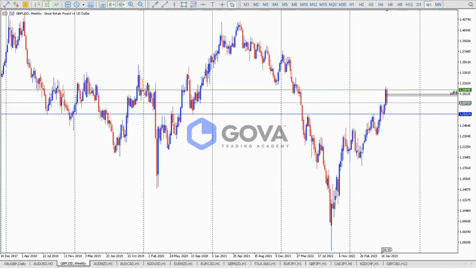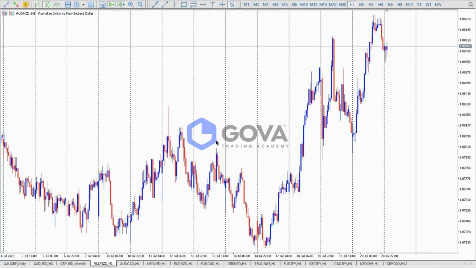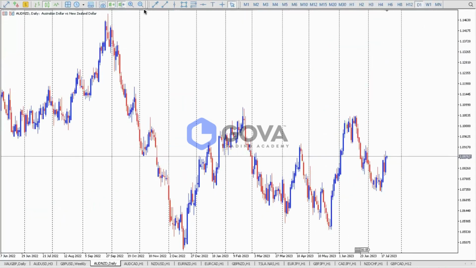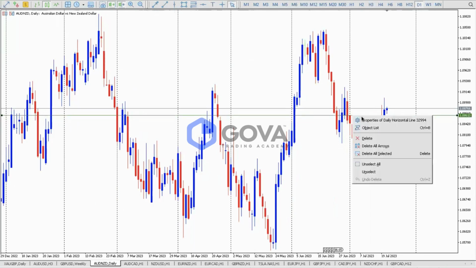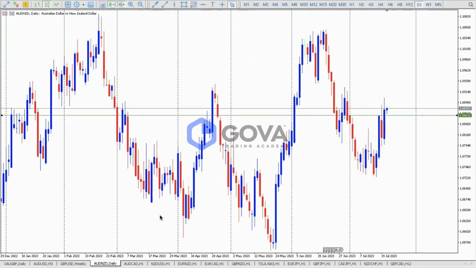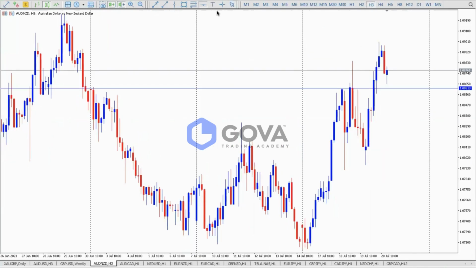Let's switch to AUDNZD. On AUDNZD, this is what we have. This is the monthly equilibrium line, which is a blue line. And this is the weekly equilibrium line here. So clearly, this is a sell alignment.